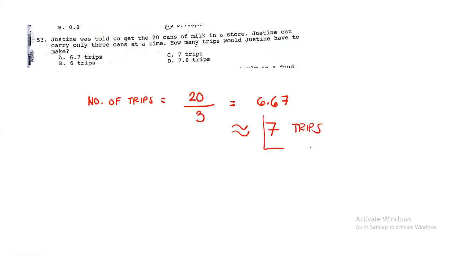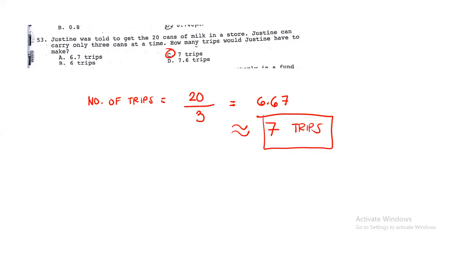Wala namang 0.67 na trip, di ba? So, careful kayo, huwag nyo isagot dito is 6.7. Wala namang 6.7 na trips, kasi dapat whole number yan.